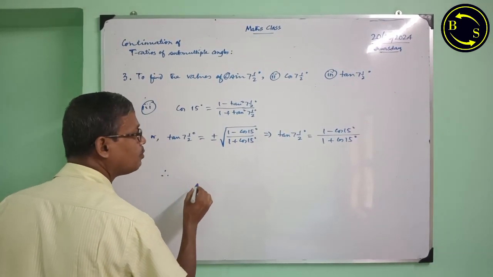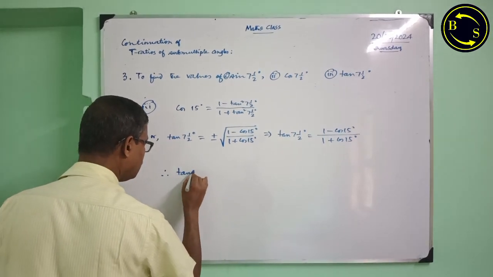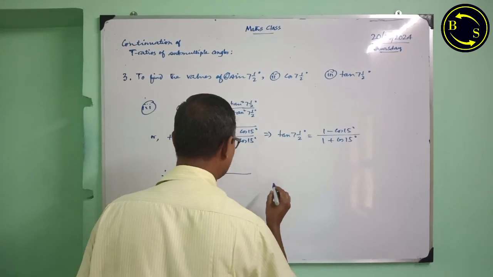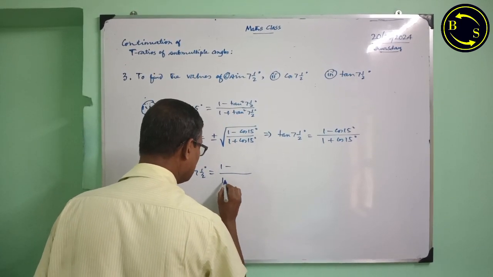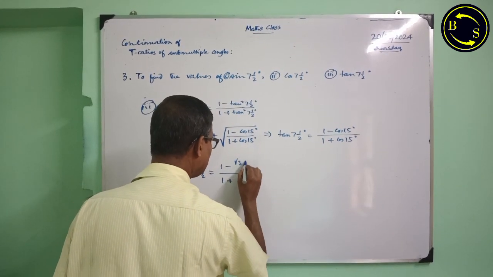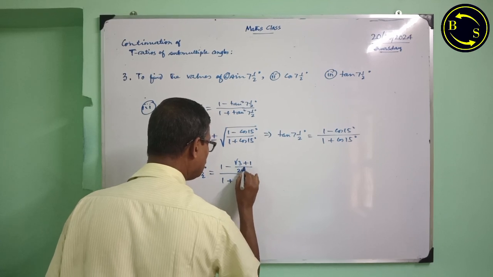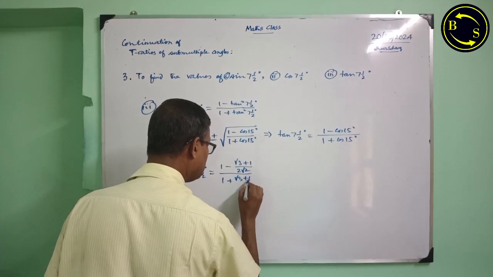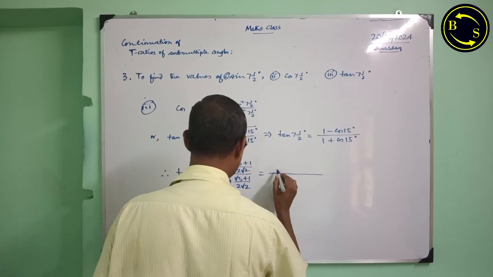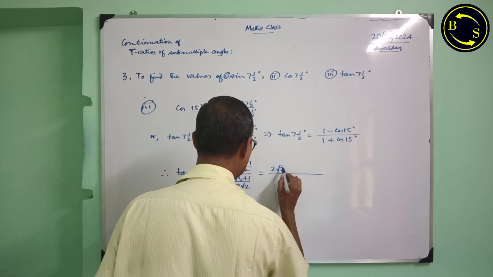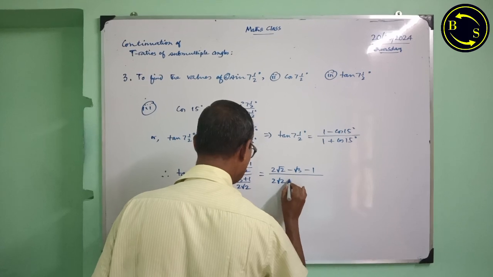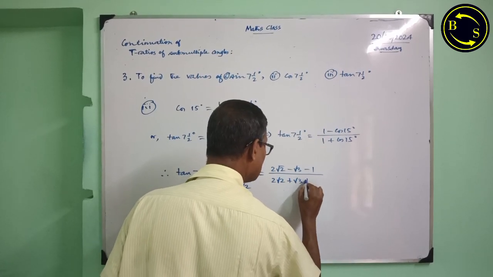Now we put the values of cos 15 degree, which we have earlier deduced: root 3 plus 1 by 2 root 2. Now we simplify, it will be 2 root 2 minus root 3 minus 1, by 2 root 2 plus root 3 plus 1.